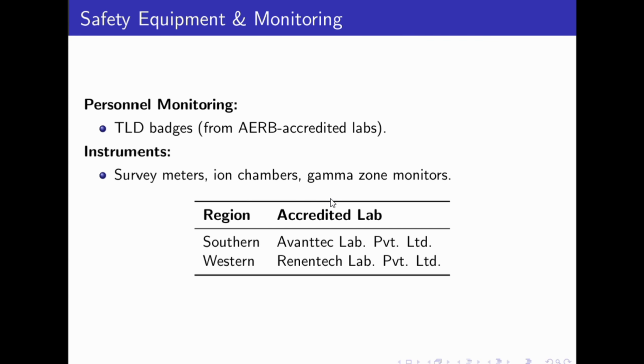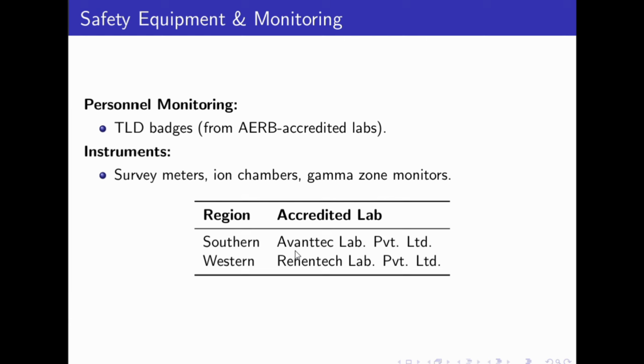Now for the safety of staff and facility, the institute has to purchase TLD badges for each staff member and submit the details to the AERB. There are two TLD providing labs.